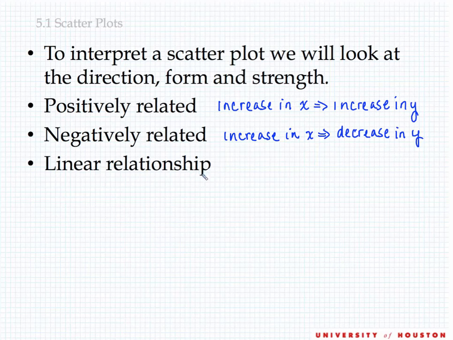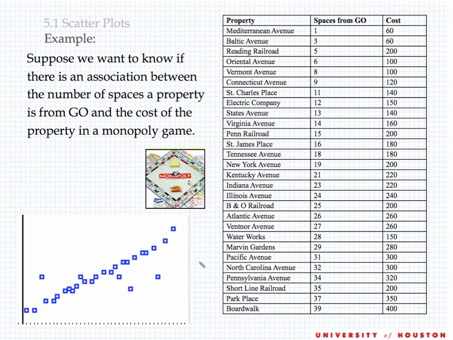And with the linear relationship, we want to know how those points fall in a linear fashion. So do they look like a line, or is the data curved? That's what we're going to investigate. Looking back at our result from the Monopoly game, we can see that we have a strong positive linear relation.